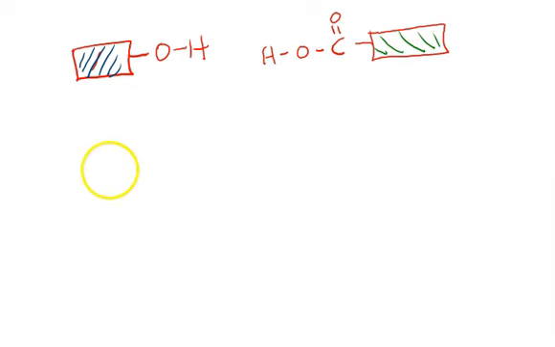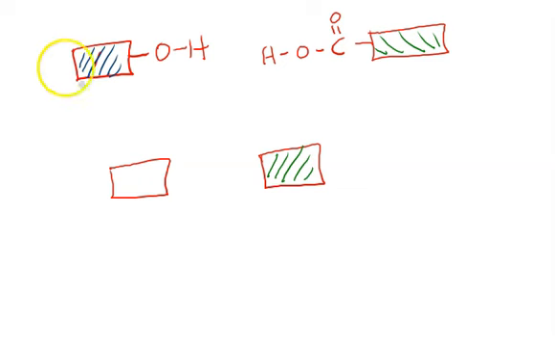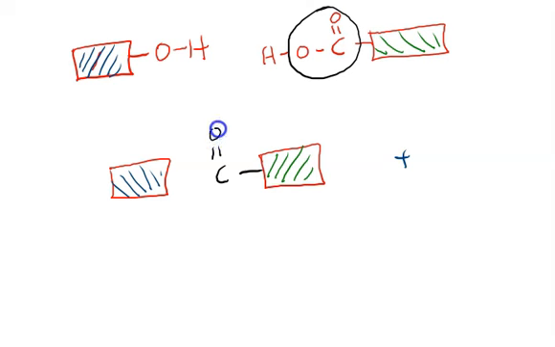So what happened here is the green and the blue leave, leaving behind only this part. So here you have carbon, double bond, oxygen and oxygen. That's all.